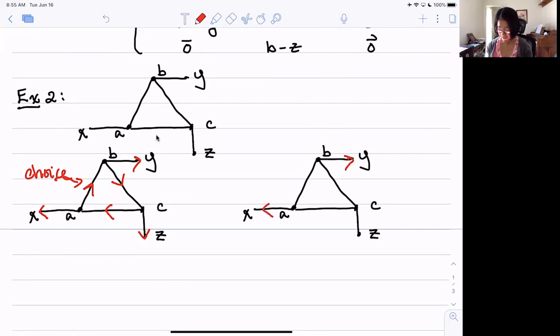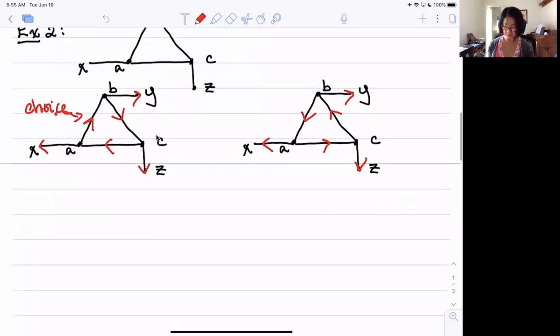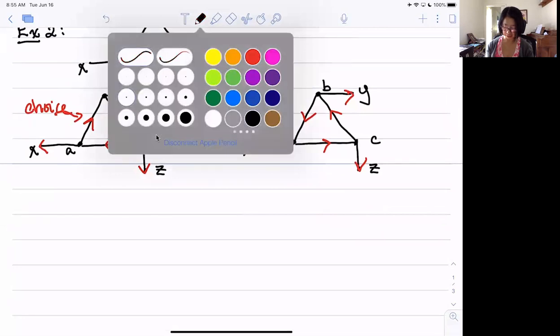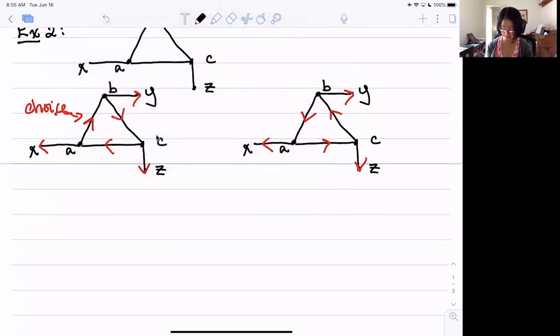The other way of doing it, I would make the opposite choice for AB, which forces me to make the opposite choice for BC, and that forces me to make the opposite choice for AC. So I have 2 ways of orienting this graph. The rigidity matrix this time looks like A minus B, B minus A, 0.